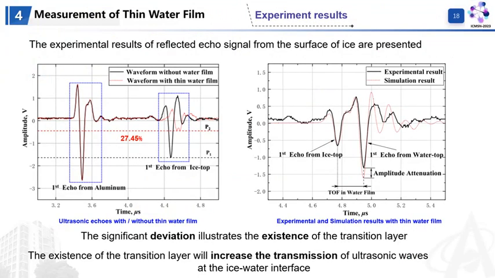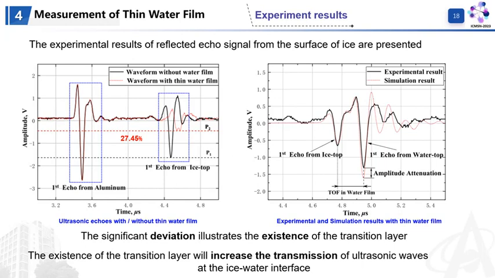When there exists a water film on the surface of ice, the signals change as shown in the picture. The reflectance of echoes from the ice top is calculated as 27.45% based on the results with and without water film. If there is no transition layer between the ice and water layer, the acoustic pressure reflectivity of echoes from the ice-water interface is 41.67%.